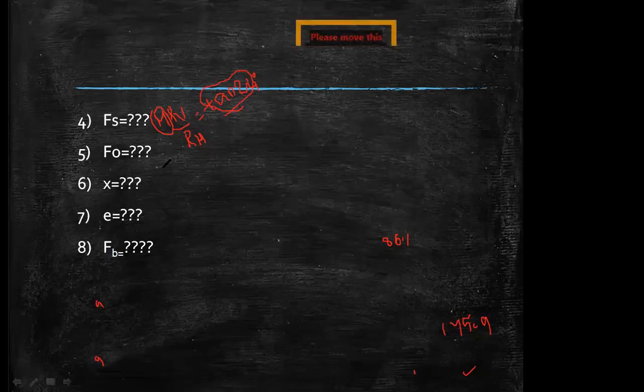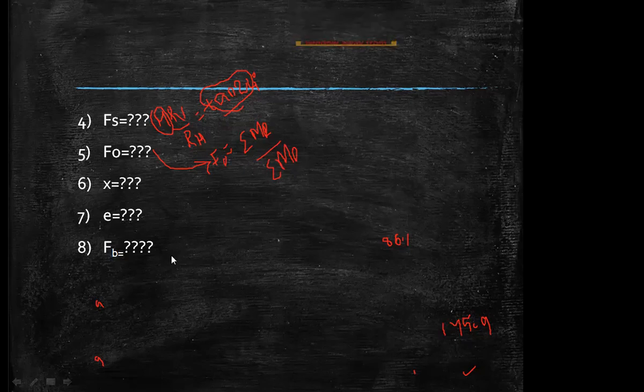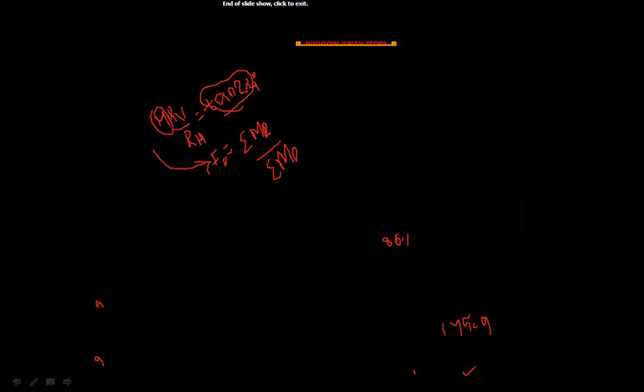ఓకే, so what is factor of safety against overturning? What is the formula? Factor of safety against overturning, FO, is equal to what? Summation of MR by summation of MO. సో మనకు టేబుల్లో చూసినట్టయితే సమ్మేషన్ ఆఫ్ MR ఎంత వచ్చిందండి? 526.4. MR 526.4.